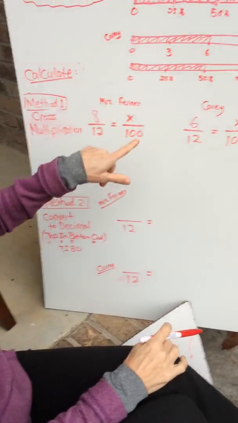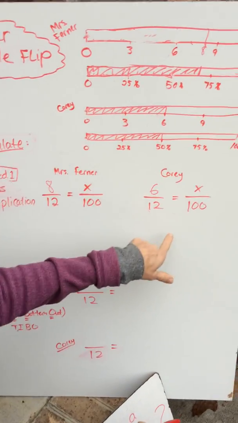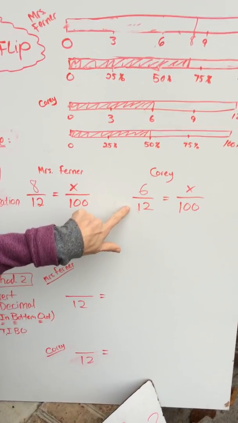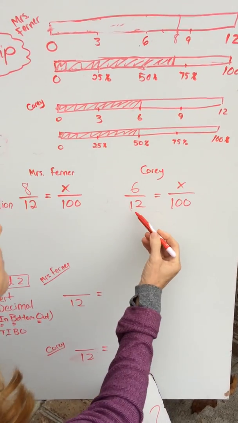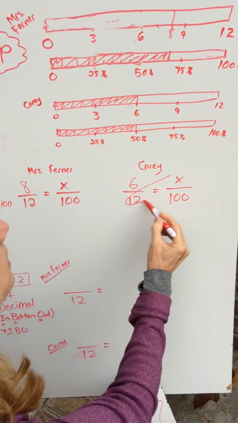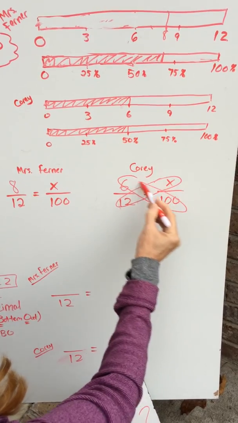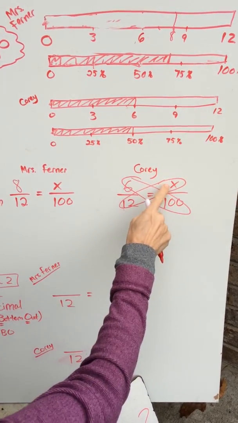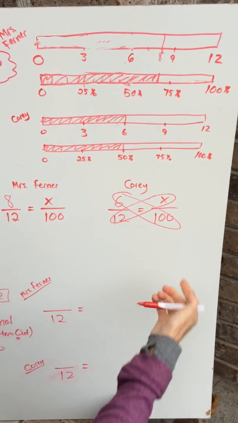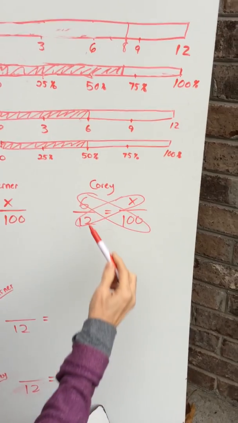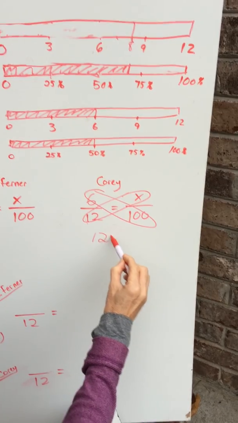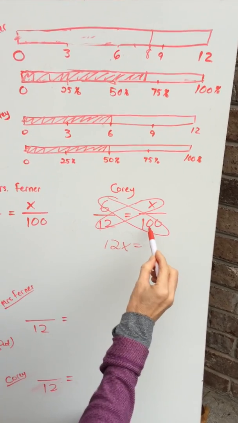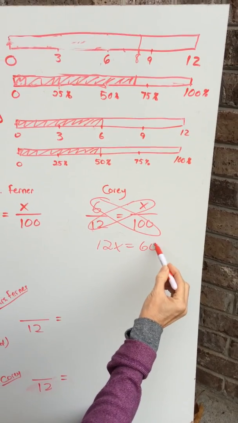So the first way to figure out a percent, well, let's do Corey's first. 6 out of 12, if we're going to convert that to hundredths, we could do cross multiplication. Even though we know 6/12 is the same as 50 out of 100, so this is really 50%. But if you didn't know, you could do cross multiplication. 12 times x is 12x, equals 6 times 100, which is 600.